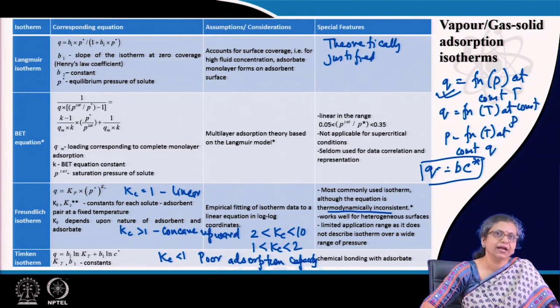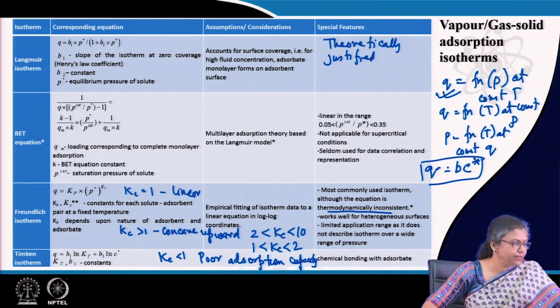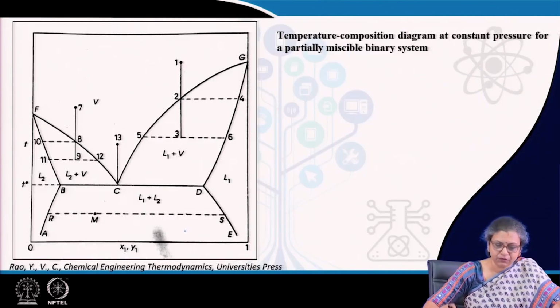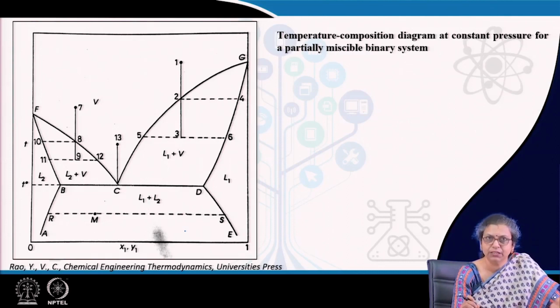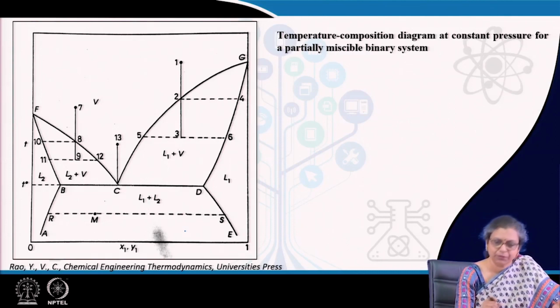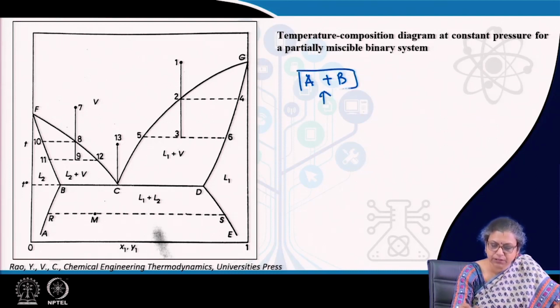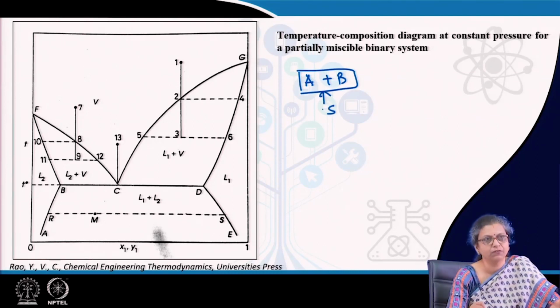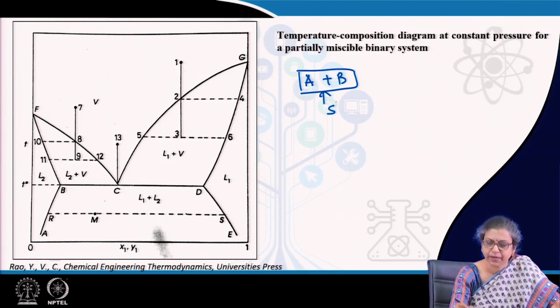In liquid extraction, what do we have? We introduce one particular liquid into another liquid mixture. Say we have a mixture of A plus B, and we add some particular solvent S. Maybe we would like to remove B from A. So what do we expect to get?